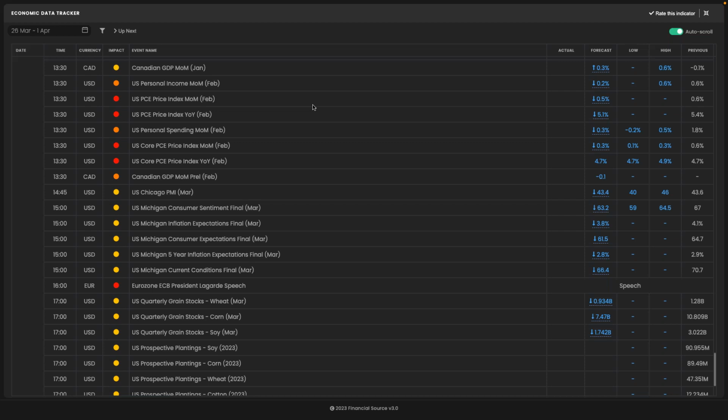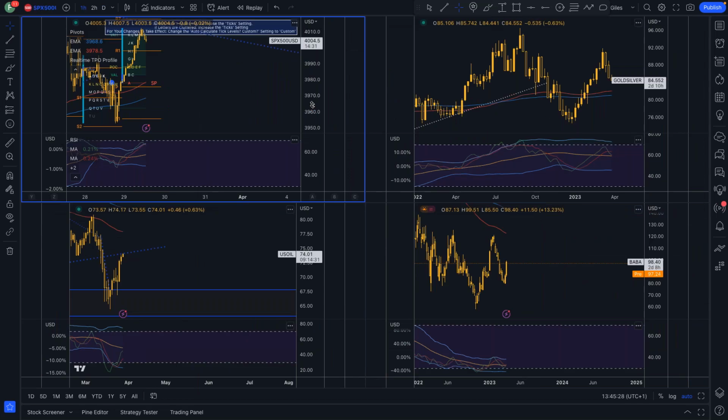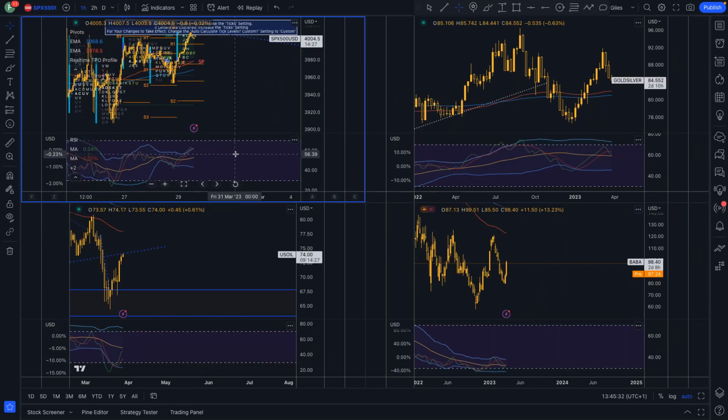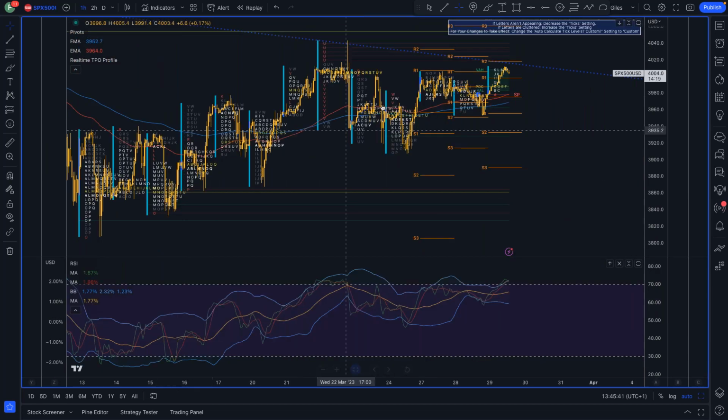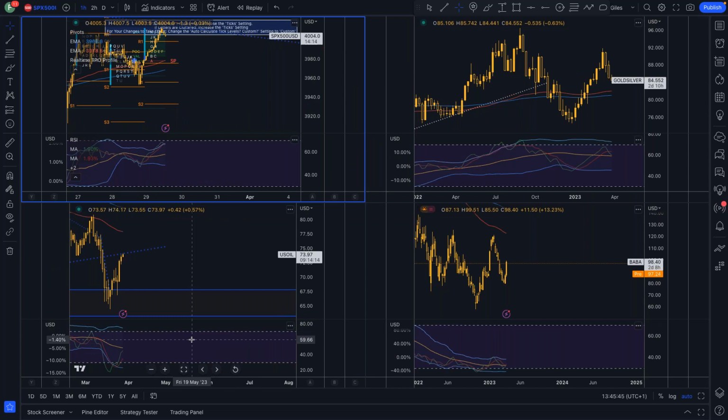That would be dollar positive, S&P 500 negative, and gold negative. So there's a few different ways to trade that. I think it's tricky to know. I think that I would trade a very short-term gold downside.